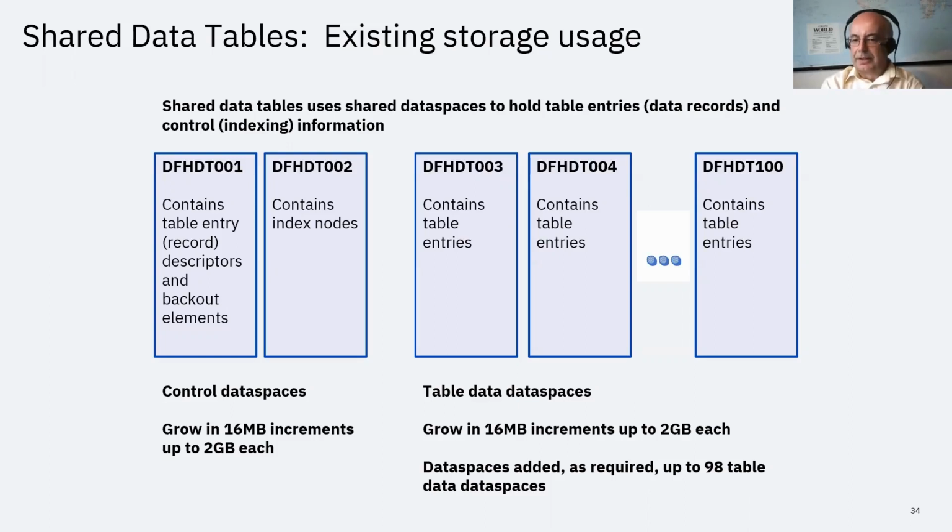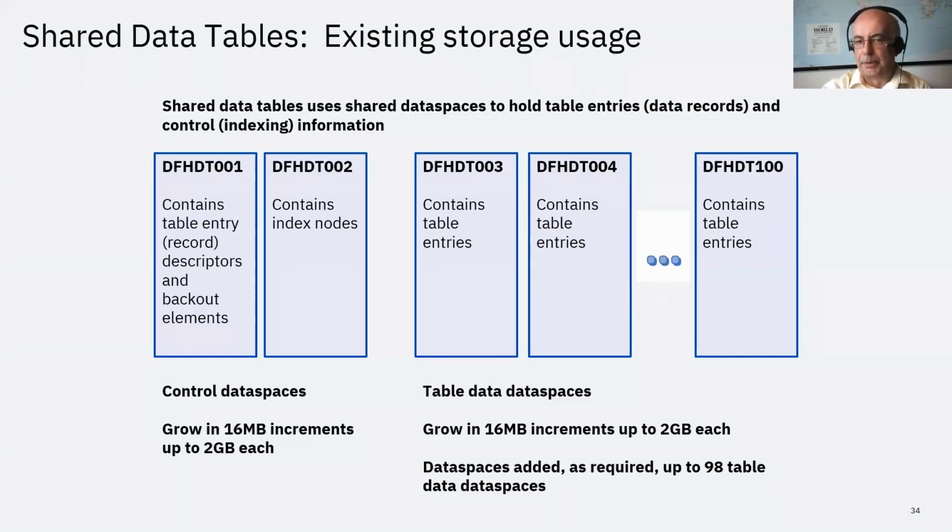So there were up to 98 data spaces you could use for your actual data. And then CICS itself was using 2 data spaces to hold what's called metadata: the index information it required, and things called entry descriptors and backout elements if you needed to back out.